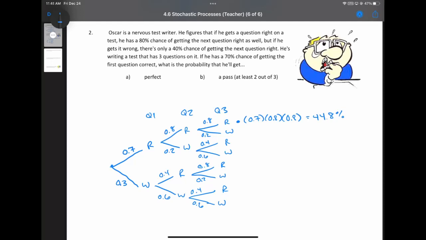All right, now we want to look at the scenario where he gets at least 2 out of 3 right. So that would be the scenario we've already done counts. So does this one. He gets 2 right and the third one wrong. Here he gets the 2 right with the middle one wrong, and here he gets 2 right with the first one wrong. So now we have those 4 scenarios.